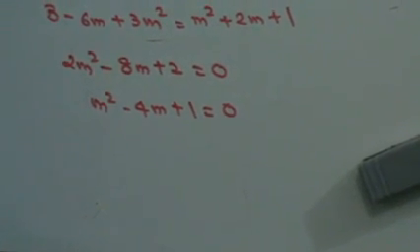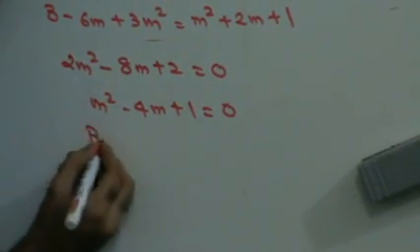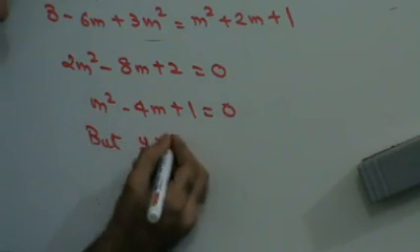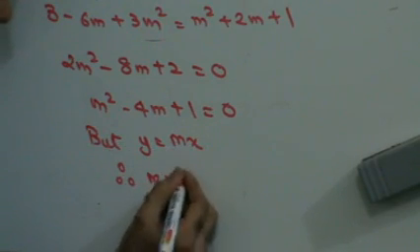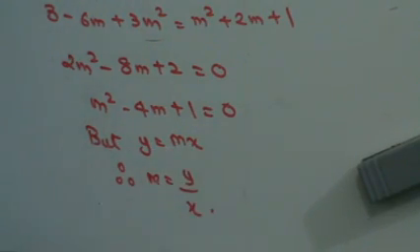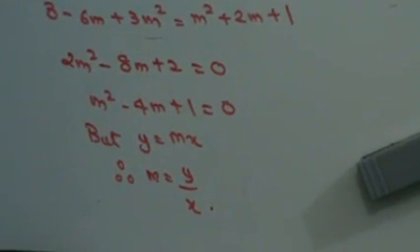But y is equal to mx. Therefore, I can say that m is y upon x. Substitute the value of m in the equation.